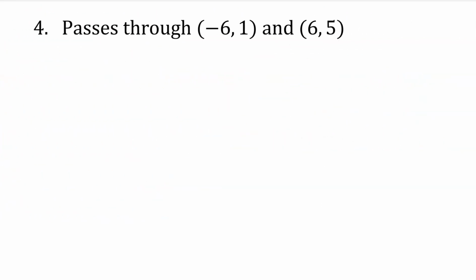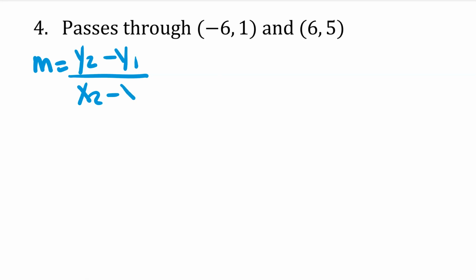Okay, number 4. All it says is it passes through -6, 1 and then 6, 5. So I don't know the slope. I need to do my slope formula first to find it, which is, remember, y2 minus y1 over x2 minus x1. I'm going to look at my points and label them. So this is x1, y1, x2, y2.